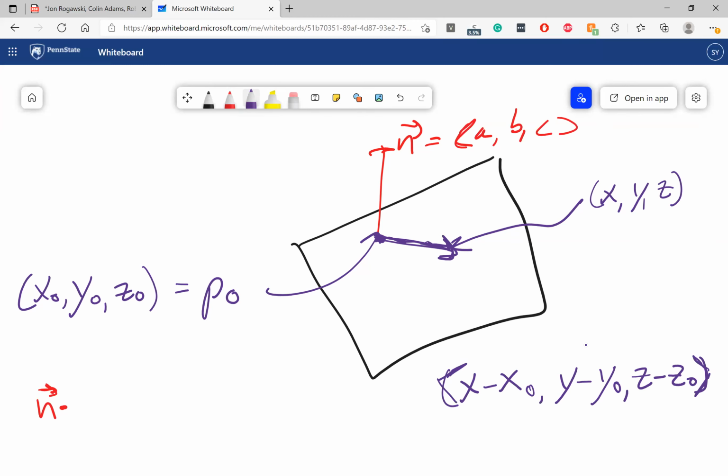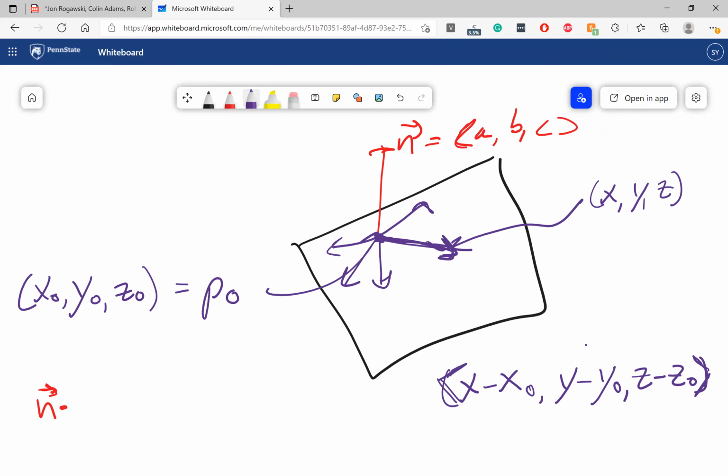It's actually the set of all the vectors in the plane. By definition, we're assuming that this is the set of all vectors in the plane. The x, y, and z vary, and these are the vectors that start from this point over here. So it's, let's say, this vector, this vector, this vector. Any questions about this?